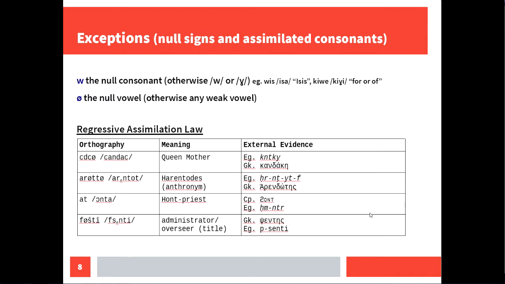When this sign occurs intervocalically, as it does in the dependent morphemes kiwe, which is for or of Meroitic's synthetic genitive case, or in liwe, which is a kind of copula verb.